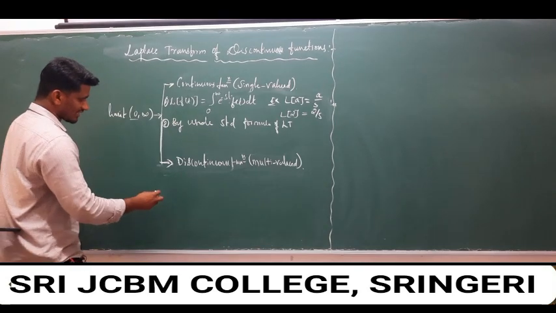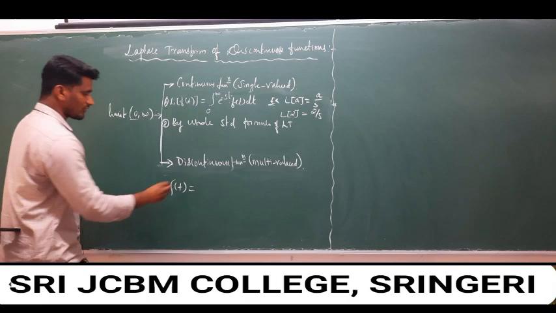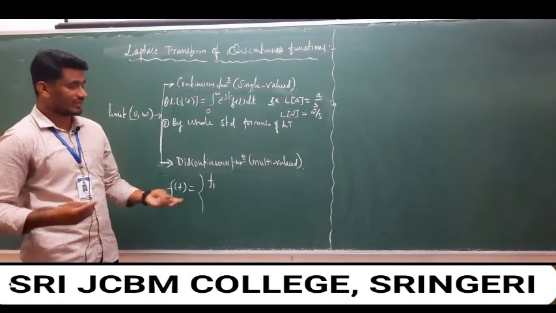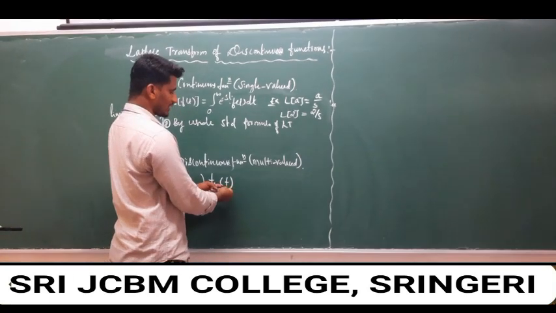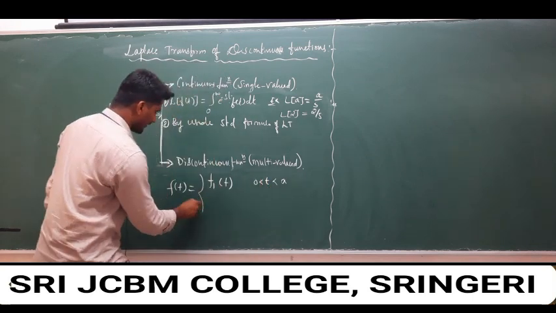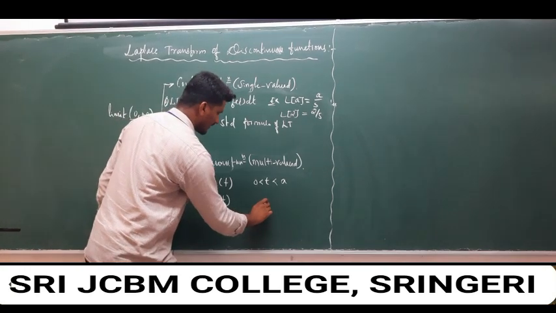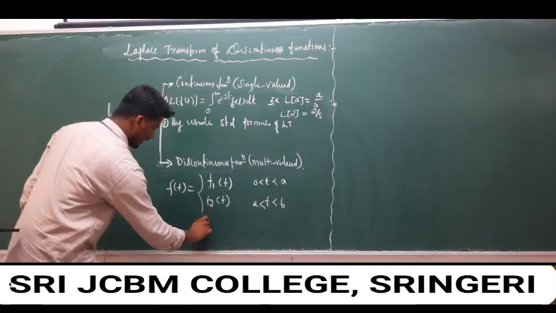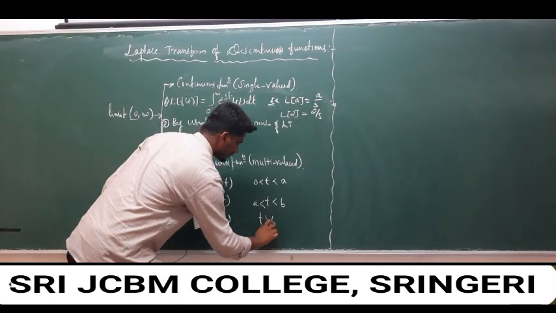Generally, suppose f(t) is a piecewise or multi-valued function, composed of different subintervals: f1(t) for t between 0 and a, f2(t) for t between a and b, and f3(t) for t greater than b.